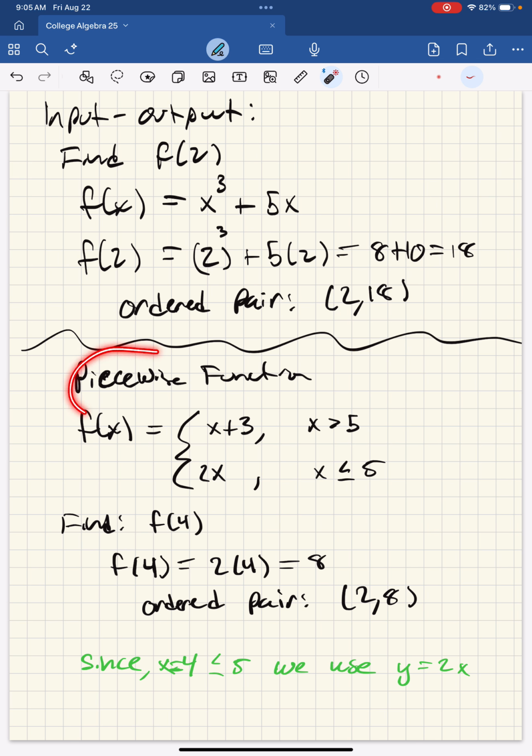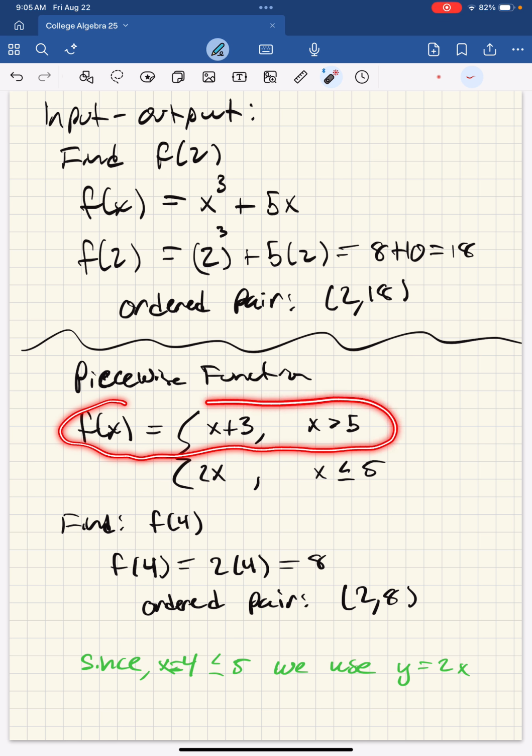Then we have piecewise functions. Piecewise functions mean that there is more than one part to it, and the y value that we choose depends on the x value. So this piecewise function does read properly in English.